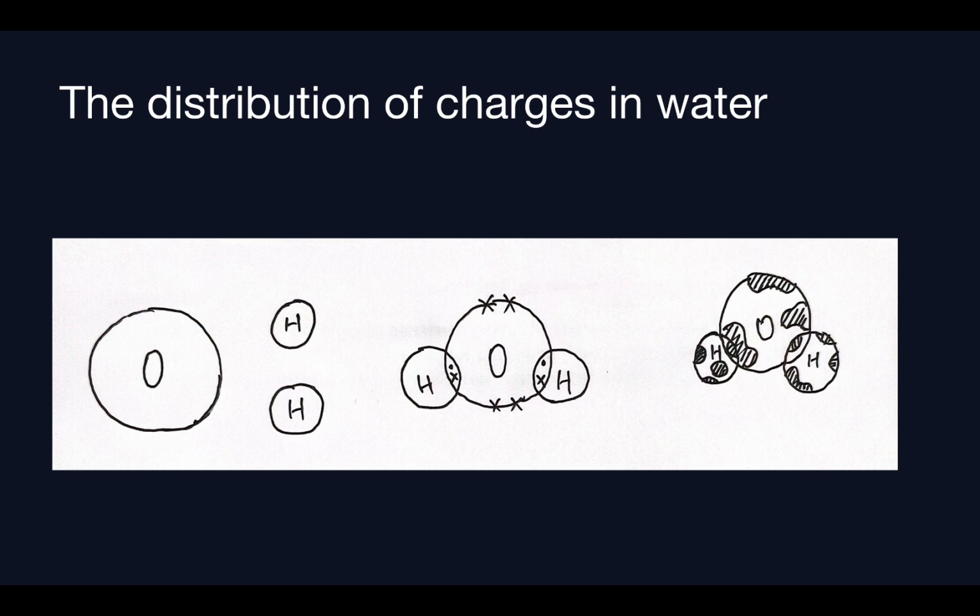And the picture on the right is actually the distribution of positive charges and negative charges. You can just treat the shaded part as the negative charges, where the electrons go. And inside an atom, the electrons are actually not distributed that evenly. It's randomly distributed.